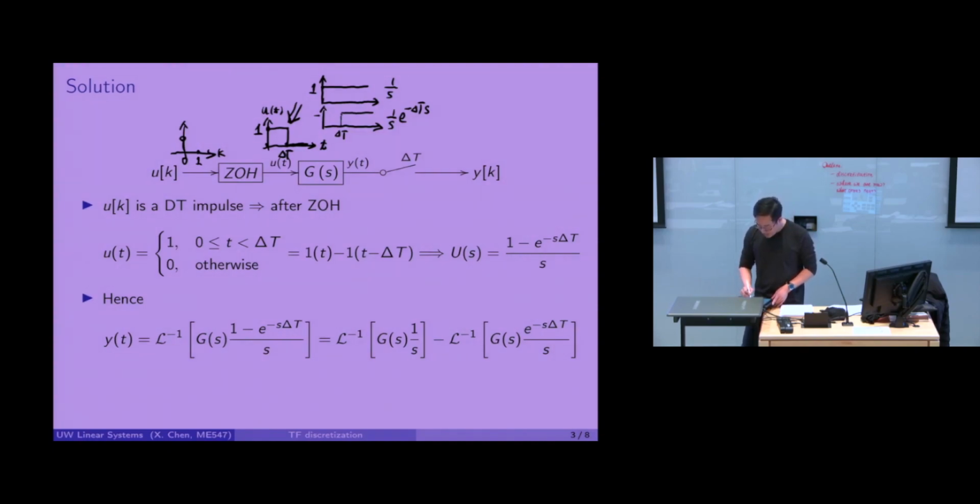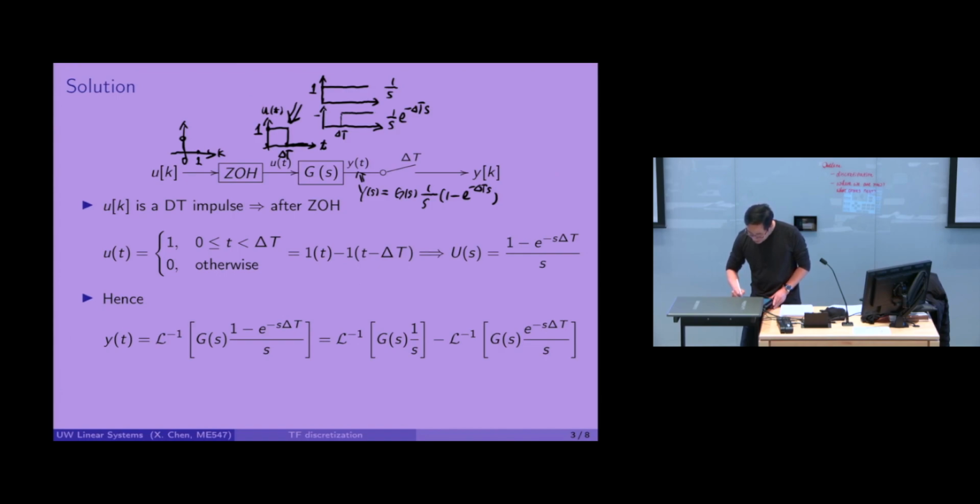So we have the Laplace transform of u, then the Laplace transform of y, Y of s, is going to be equal to G of s times this input function in the Laplace domain.